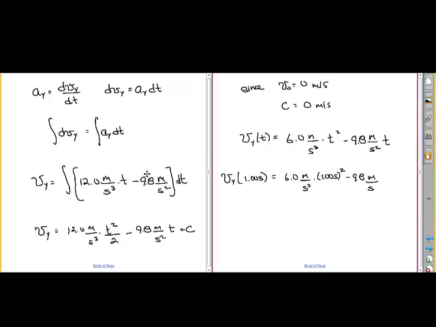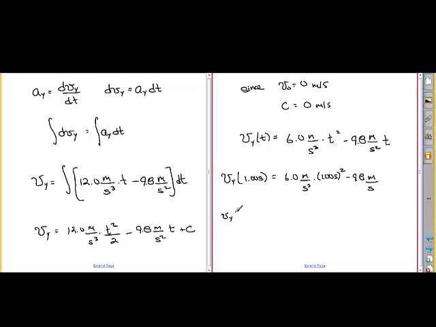Okay, so let's see what they're asking. What is the velocity of the box at t equals 3 seconds? Okay, that was pretty easy. Well, all we have to do for that is plug in 3 seconds into the equation.